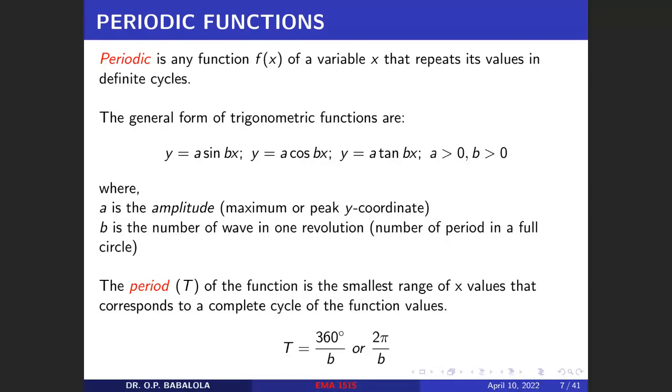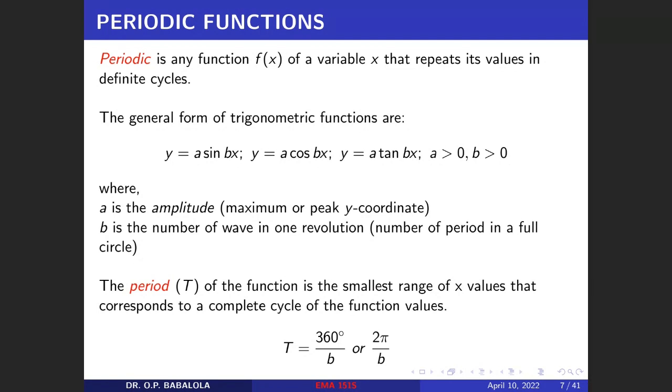So if you're told to find the period, all you need to do is remember a complete circle is 360 degrees, or you represent it in terms of pi, radians, which is 2 pi, and then you divide it by your b.